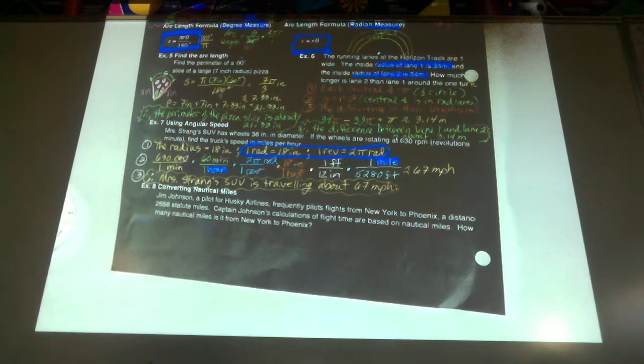So there is a conversion for nautical miles to what we call statute miles, which are our regular miles. When you are a sailor or a pilot, you tend to make your calculations in terms of nautical miles.